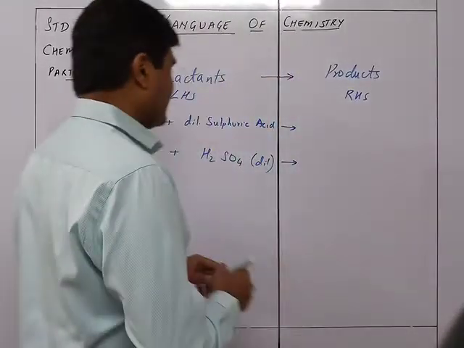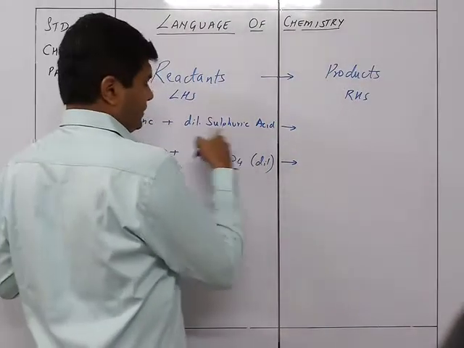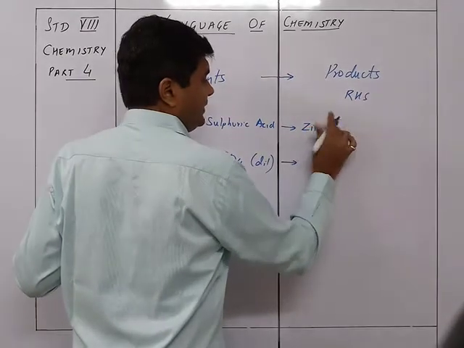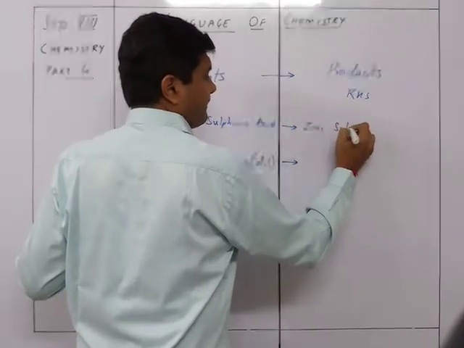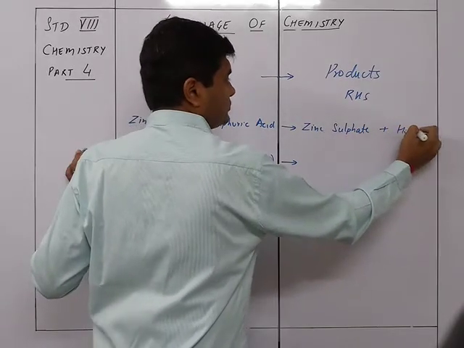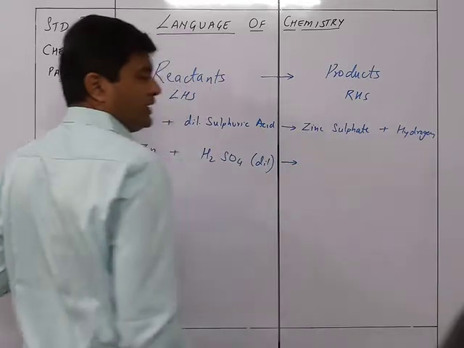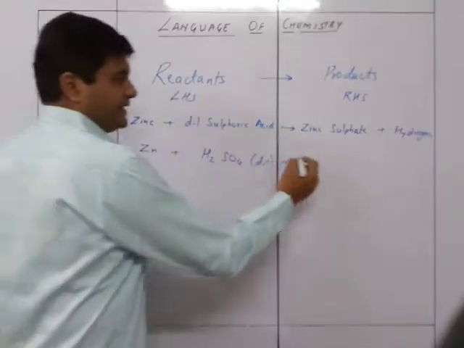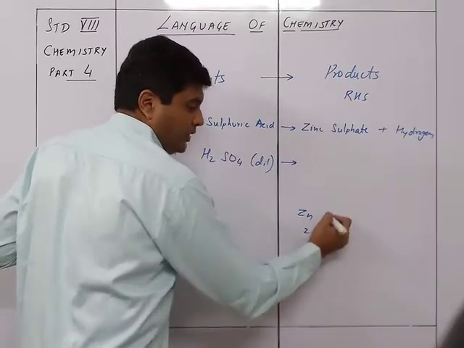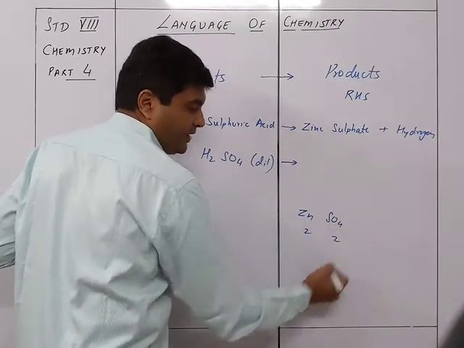What is going to be formed is zinc sulfate plus hydrogen. Now we know zinc is Zn, which has a valency 2, and SO4 has a valency 2.